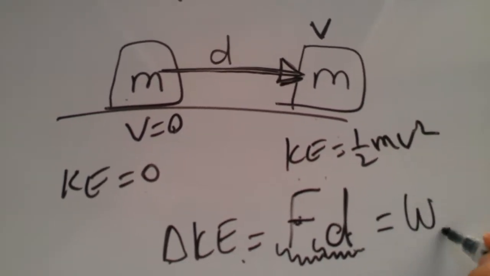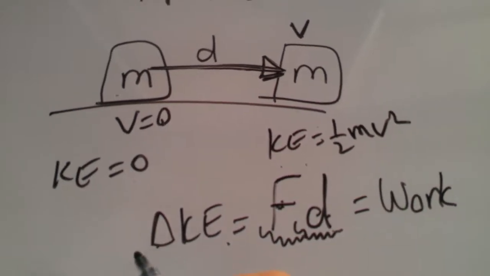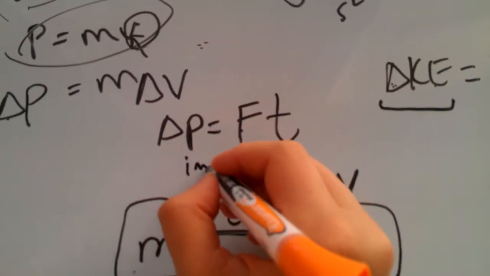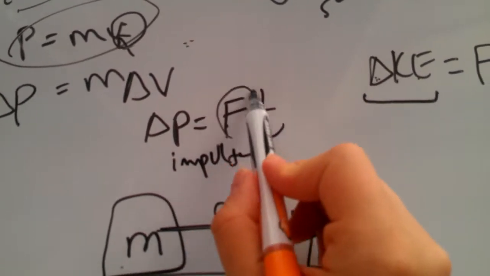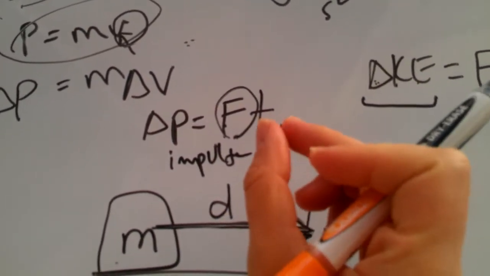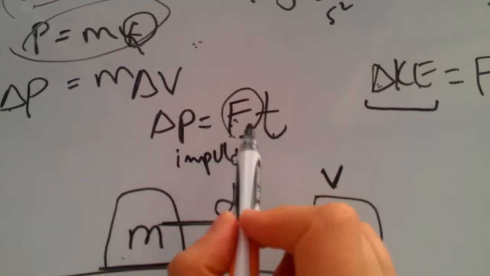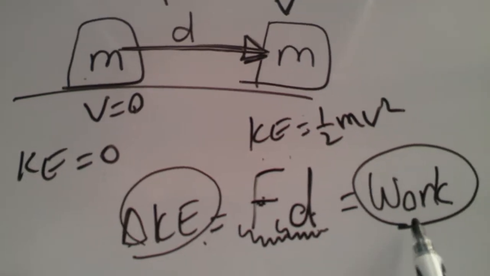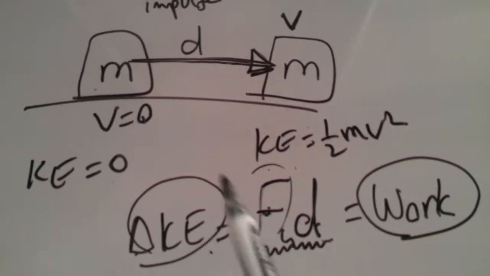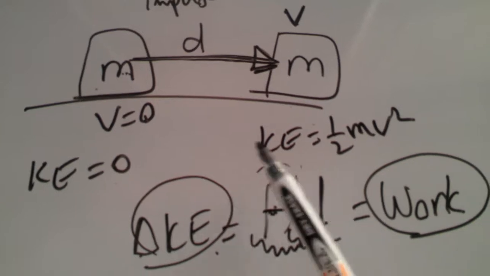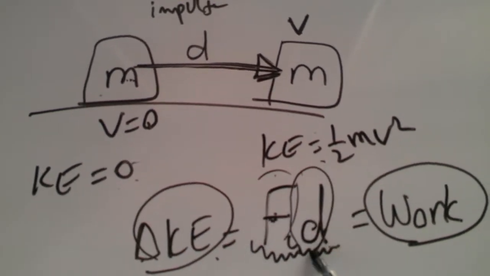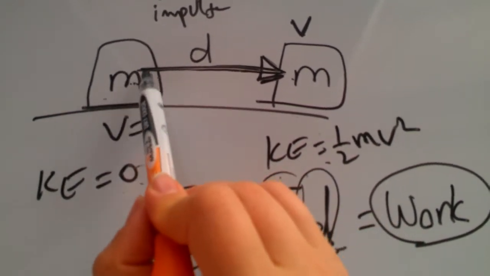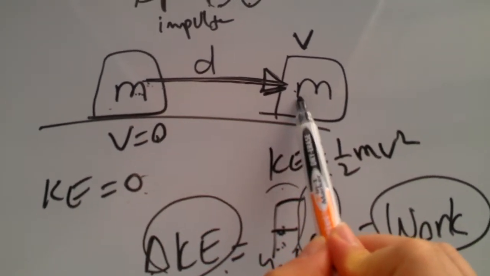And we call this work. So just like change in momentum was impulse, the exerted force times the time this force was exerted on the object, change in kinetic energy is work, and it's essentially the force exerted on the object times the displacement over which this force is moving it somewhere else.